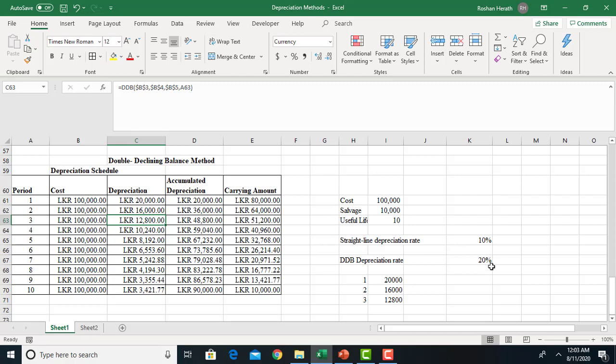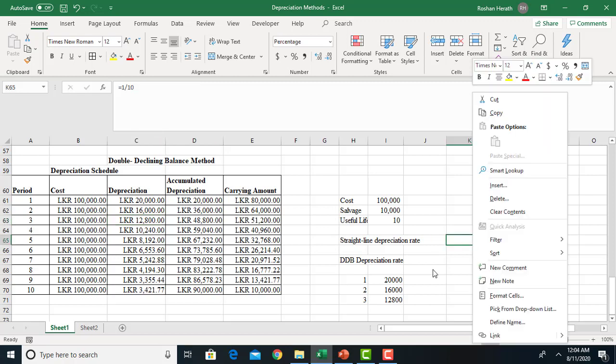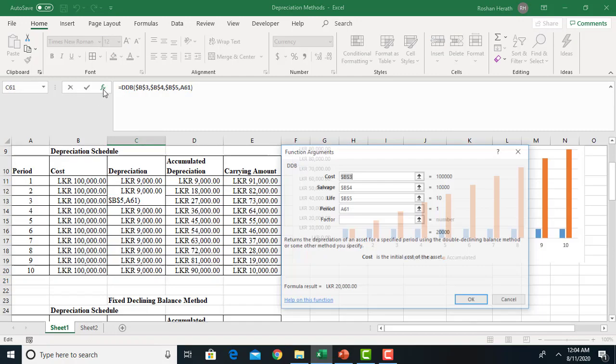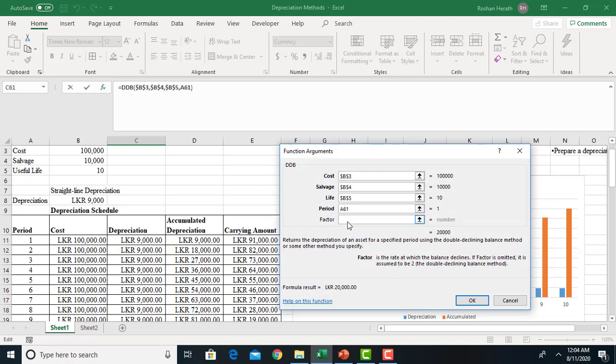Say that you want to make the rate 3 times higher compared to the straight line method, then what do you need to do? The rate you want is 30%, no? That is where this factor becomes applicable. You can go to the factor and make it 3.